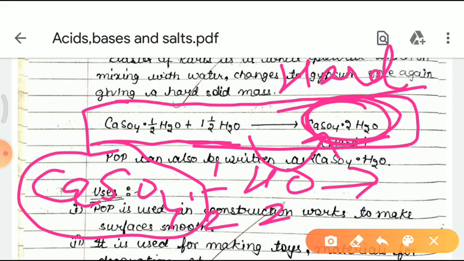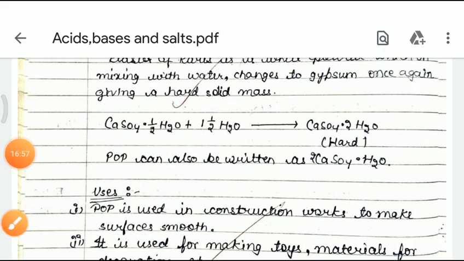Either it can be asked in the form why should we store the POP in airtight containers, or it might be asked in the form that what would happen whenever POP is left in the open. So what will happen if we keep POP in the open? It will absorb water molecules, and if water molecules are absorbed then it will convert into a solid mass, and that conversion will happen due to what?